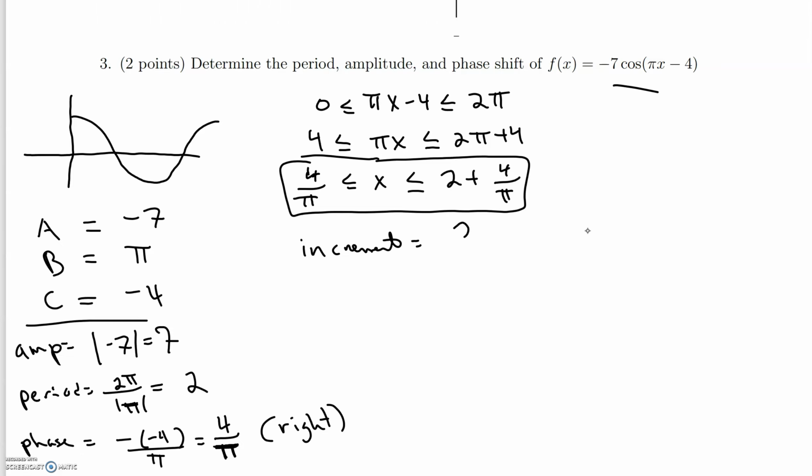So the period is 2, so 2 divided by 4 is 1/2. So our increment is 1/2.